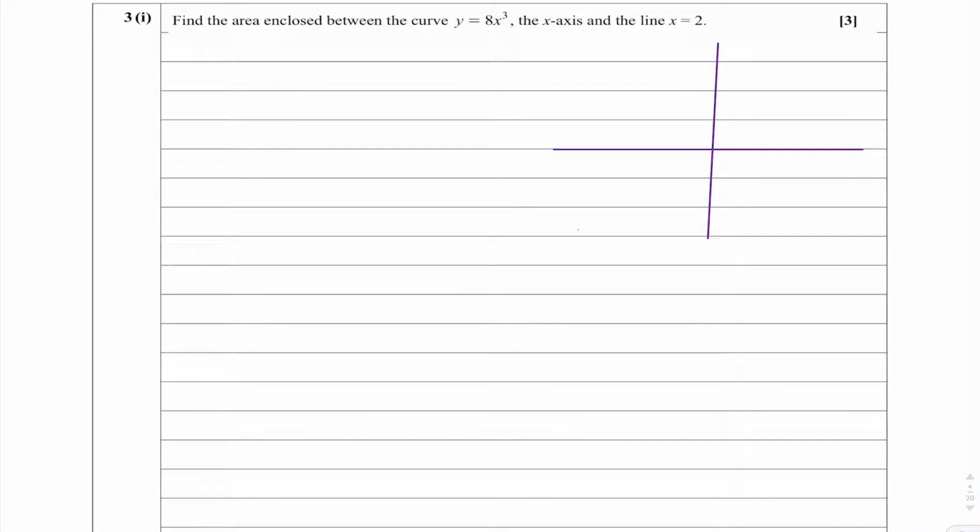The curve will be more like that, and the x-axis, and the line x equals 2 is this one here.